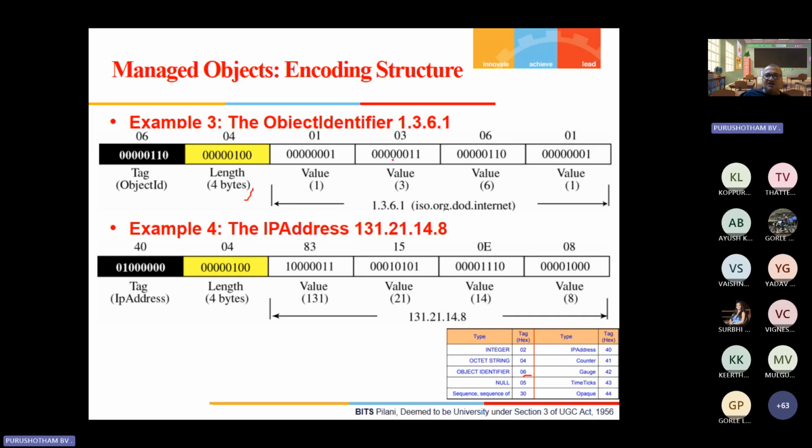Fourth example could be I wanted to store the IP address. Then what is the tag for IP address, which is 40? So 40 is stored. Okay. Then what is the length? 1 by 2, 2 by 2, 3 by 2, 4 by 2. So that's why length is 4. What is the value? 131, 21, 14, 8.